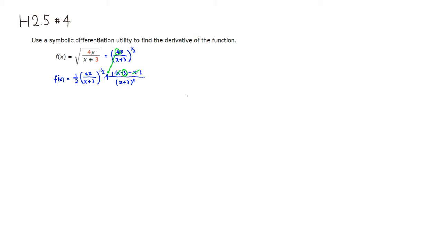So this is going to be equal to, we just need to clean it up a little bit. We should go ahead and cancel those. There's a 4 on top and a 2 on the bottom, so at least this becomes 2 on top.